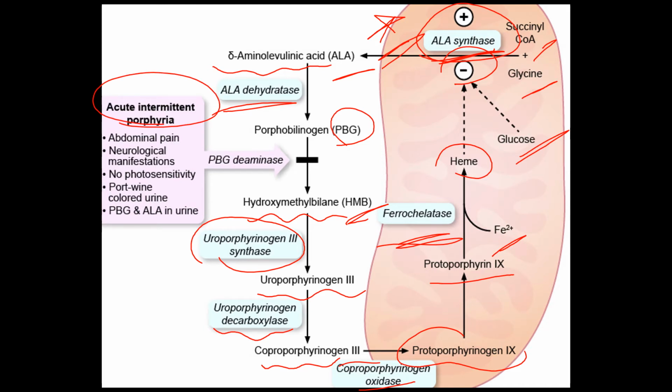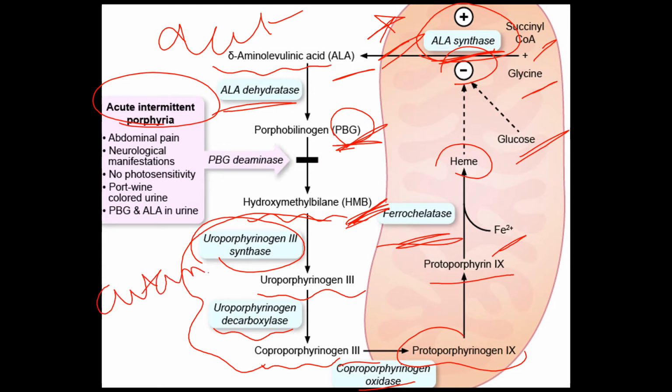All the enzyme deficiencies prior to the condensation of PBG to HMB lead to neurovisceral symptoms leading to acute porphyrias, whereas after the condensation of PBG to HMB, the other enzyme deficiencies lead to cutaneous porphyria.